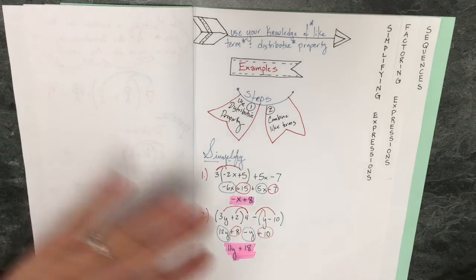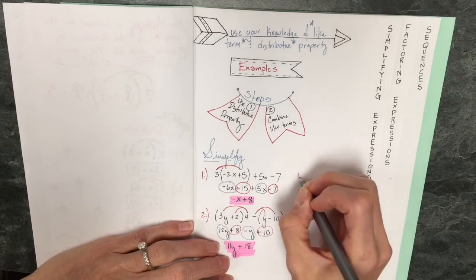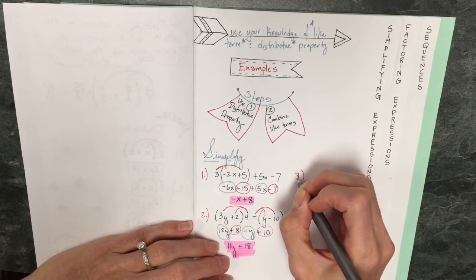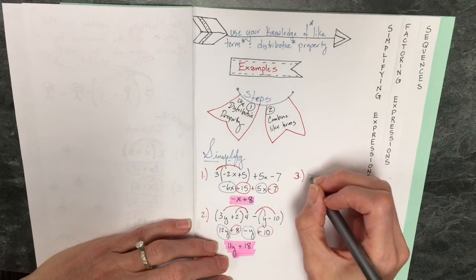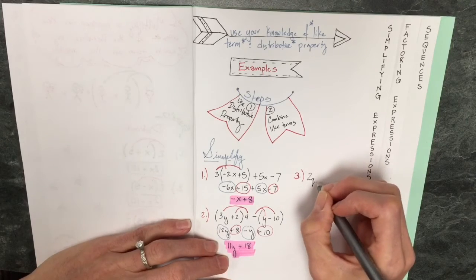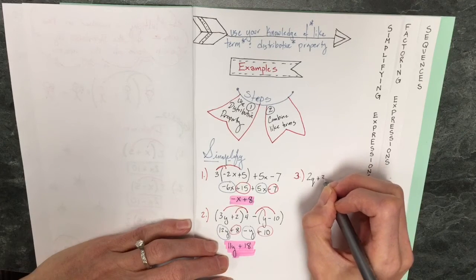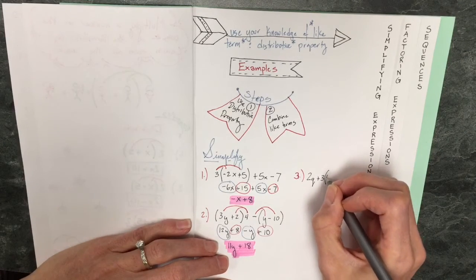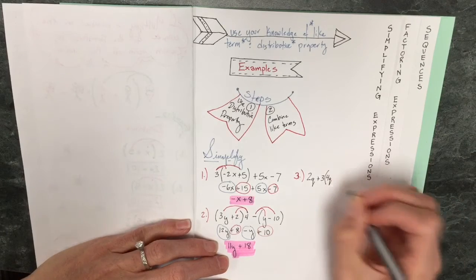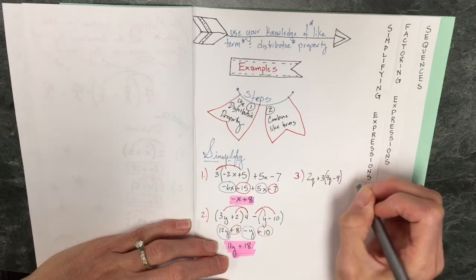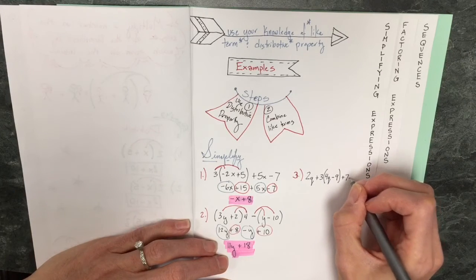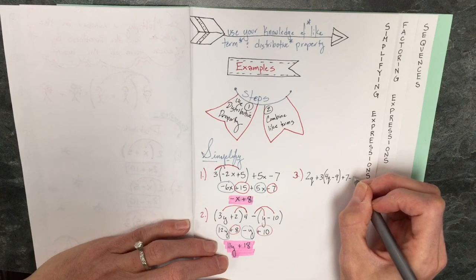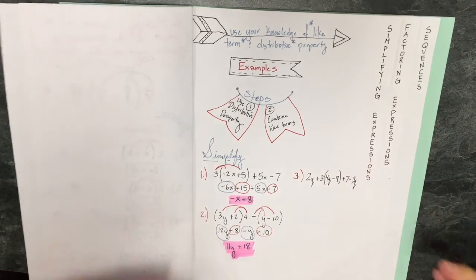Let's do one more simplifying. I want to have one more example in our notes. 2q plus 3 times 4q minus 9, I'm running out of room, plus 7 minus 3q.